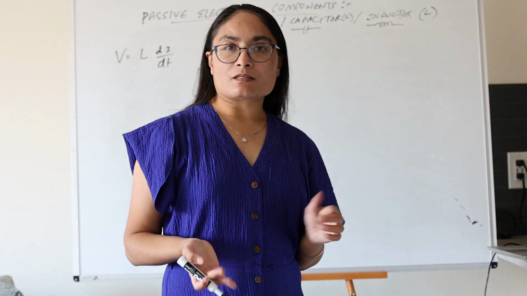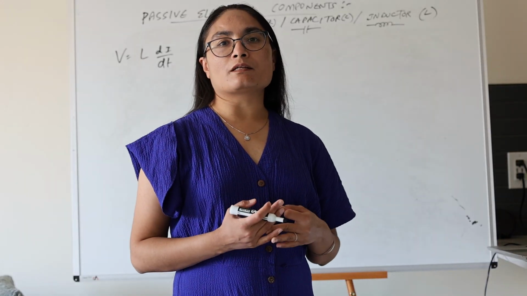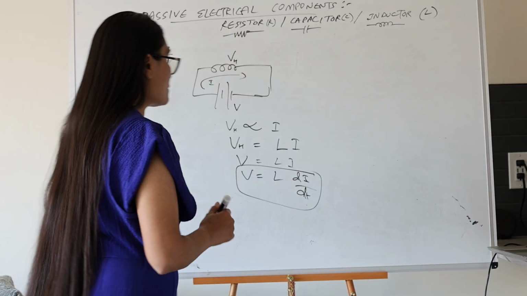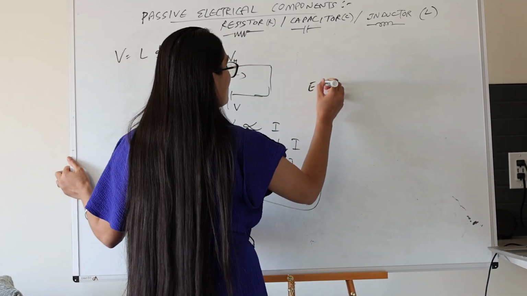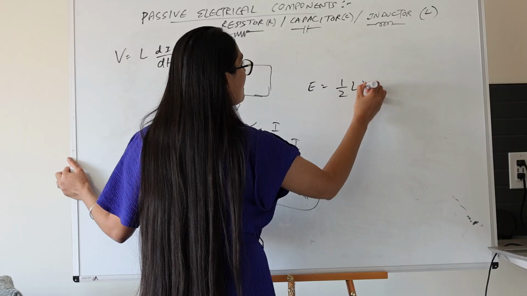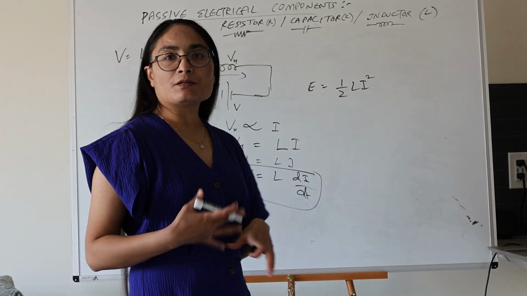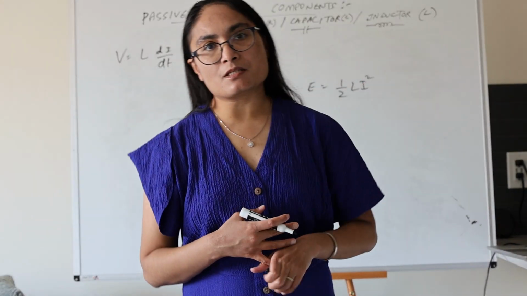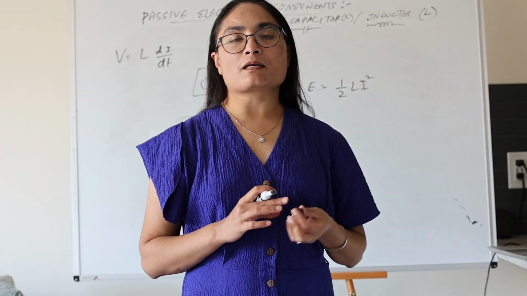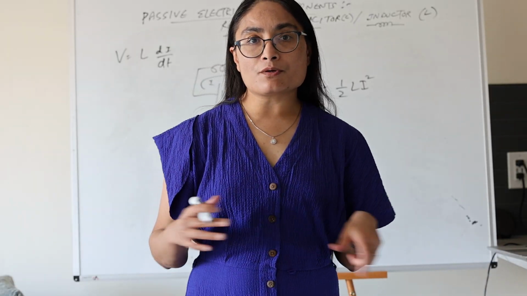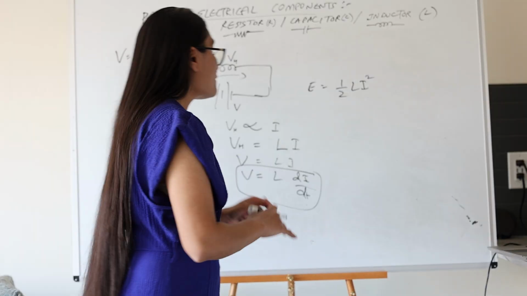Similar to a capacitor, inductors also store energy, and the energy that they store is given by half L I squared. And similar to capacitors and resistors, the inductors can also be connected in series and parallel. I'm going to spare the details for you.